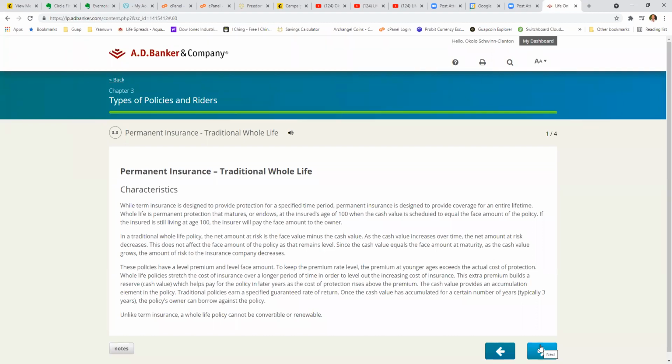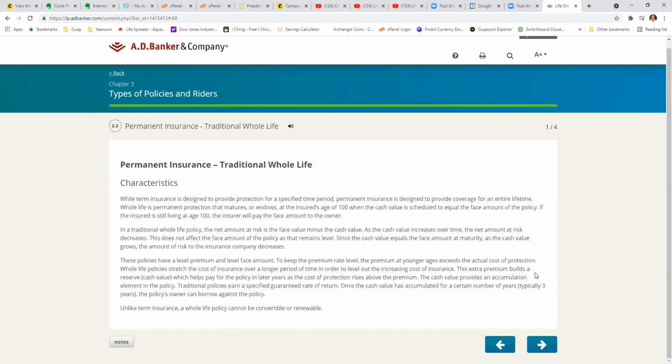Whole life insurance basically just means it's a permanent insurance policy that has a level premium and a level death benefit typically. You can also do a single premium life, but typically people are going to have a whole life insurance policy where they pay level premiums. Unlike term insurance, whole life cannot be convertible or renewable.